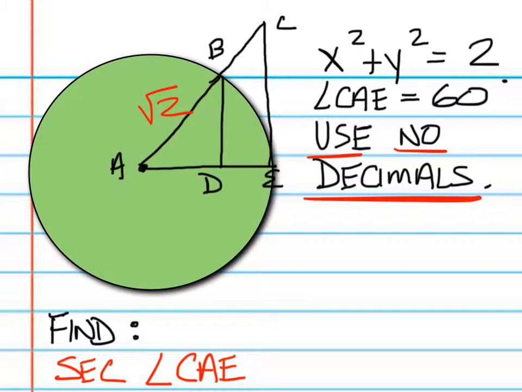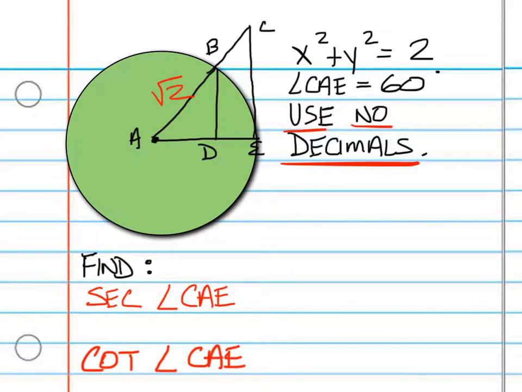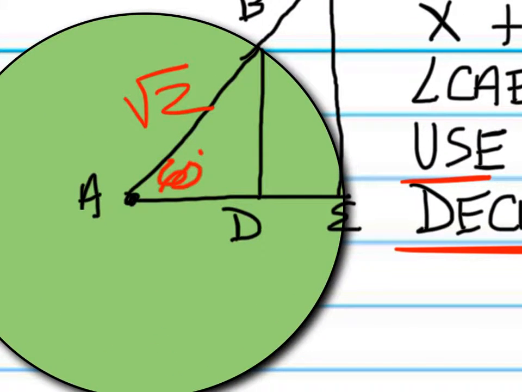So the square root of 2 gives us the radius, and we have to find secant CAE. Well, if this is 60 degrees, and we have to find secant, which is hypotenuse over adjacent, then we could easily do that only after we have found what these other pieces are. This is 30 degrees, and half of square root of 2 would be square root of 2 over 2.